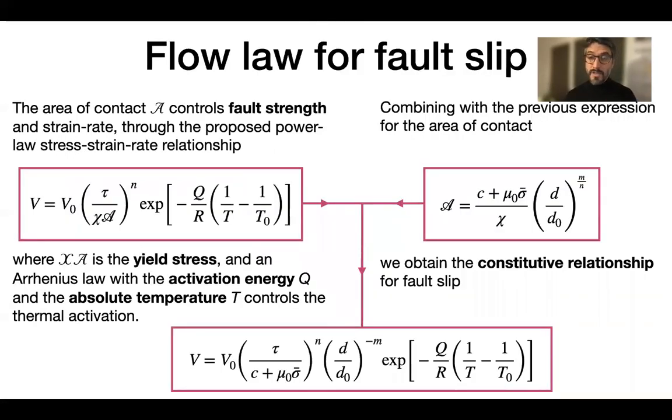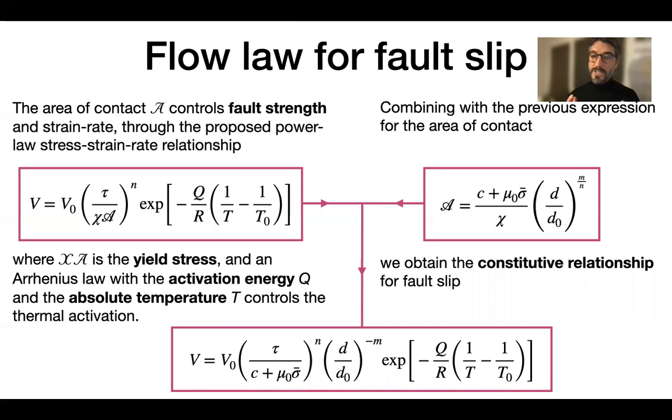The friction law can be cast as a flow law for frictional sliding that is thermally activated, where the velocity is a very strong function of stress relative to a yield strength that is proportional to the area of contact.